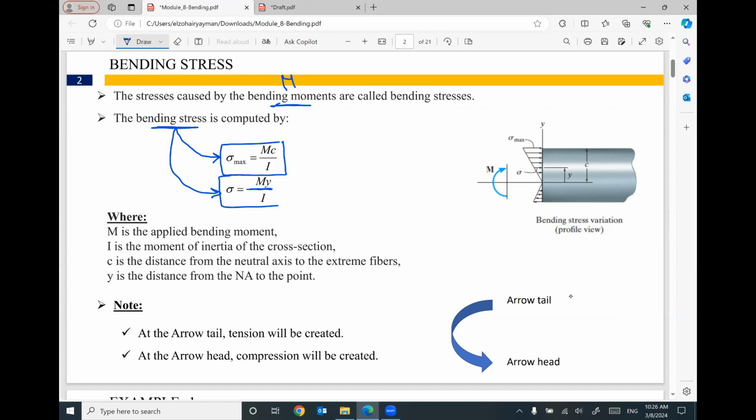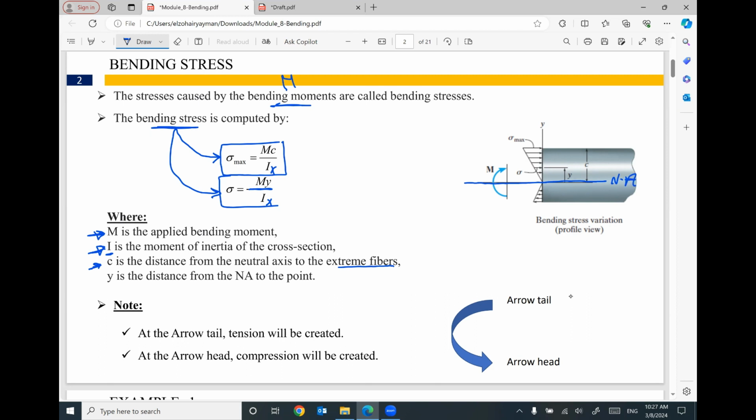What do you mean by M? M is the applied moment. I is the moment of inertia. If you go back to engineering mechanics, section properties, you will learn about the section properties. Most of the time, it will be Ix, moment of inertia about the x-axis. That makes sense? C is the distance from the neutral axis or from the centroid of the cross section to the extreme fibers. This is your neutral axis, this is your centroid of the cross section.